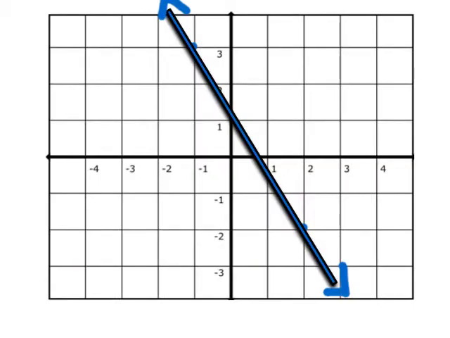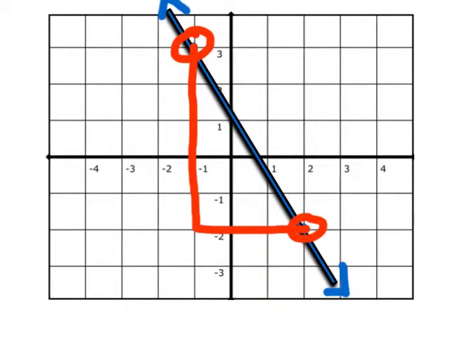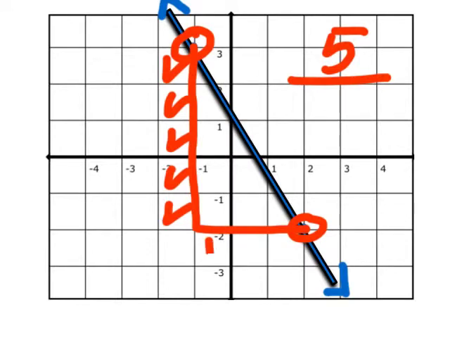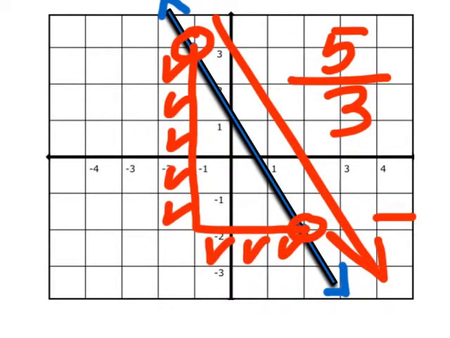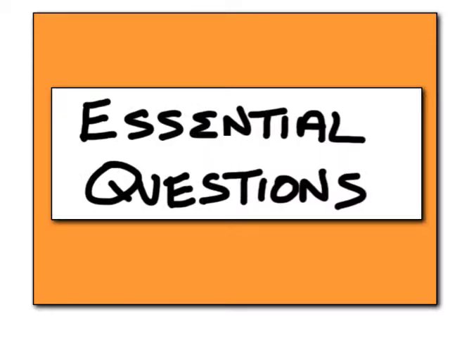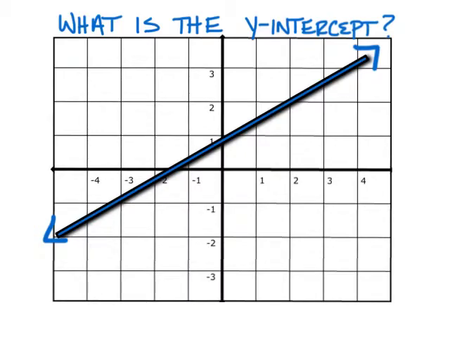Bonus number 2. What is the slope of this line? For this one, I'm choosing this point, and the triangle will look like this. The rise is 1, 2, 3, 4, 5, and the run is 1, 2, 3. But since it falls to the right, the answer must be negative, a negative 5 over 3.